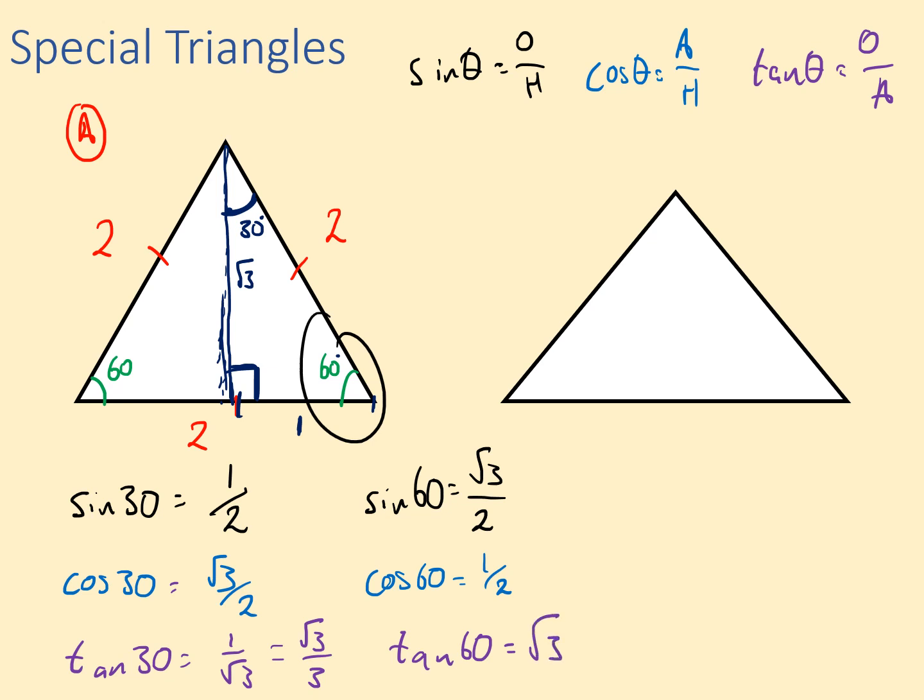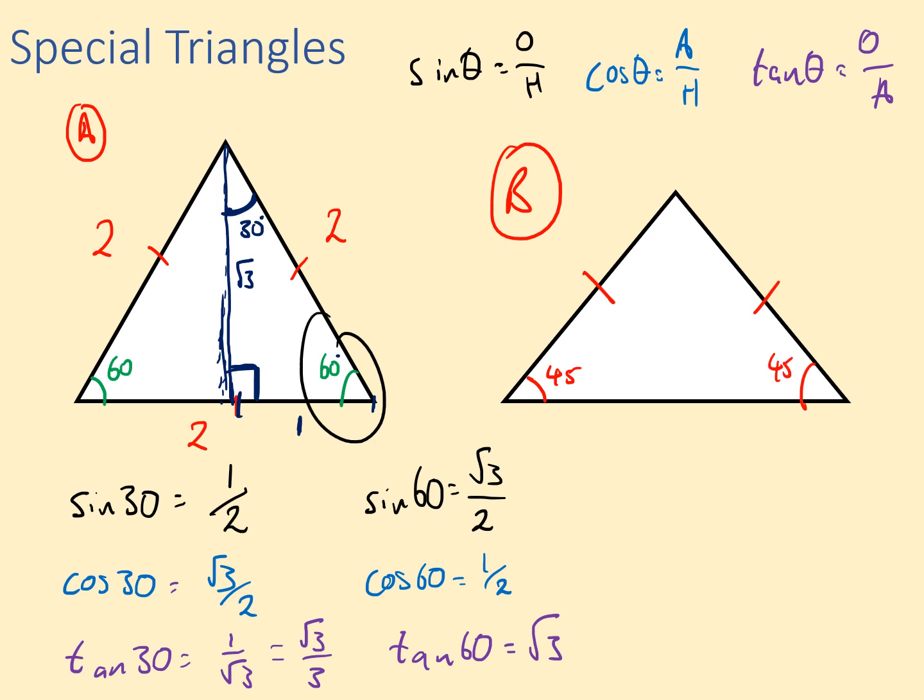There we go. And then there's another triangle. This second triangle is an isosceles triangle, and this isosceles triangle is a very special one, in that it's got base angles of 45 degrees.